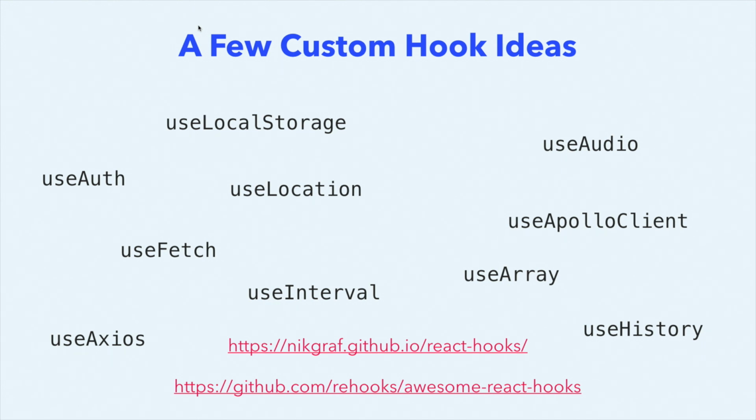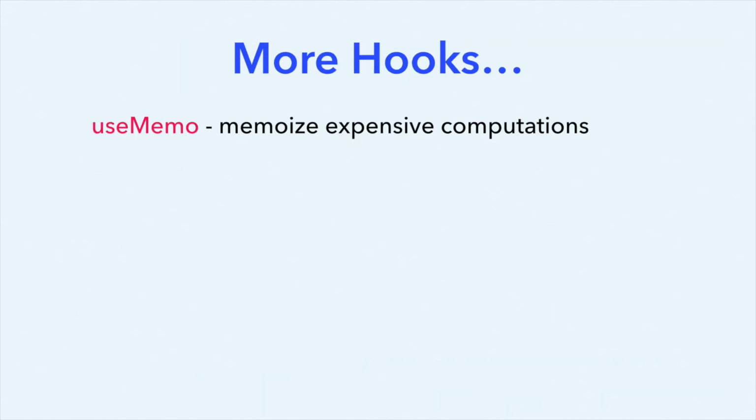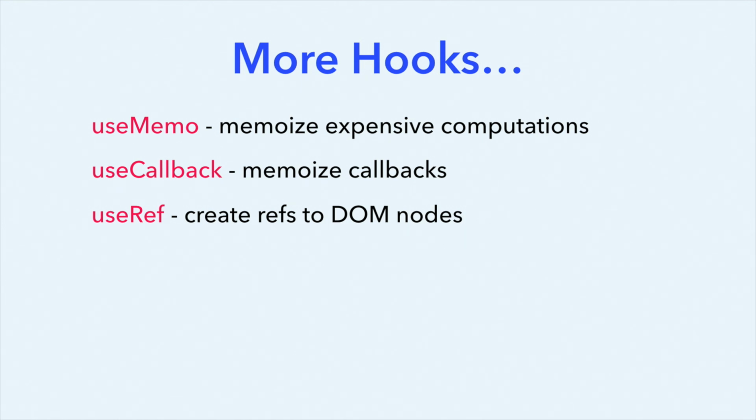But there's also more hooks that I haven't talked about in this talk. We have useMemo to memoize expensive computations. We have useCallback. We did talk about that one. We've got useRef to create refs to DOM nodes. So if you need to focus an input or measure a DOM node or whatever, useRef is good for that.